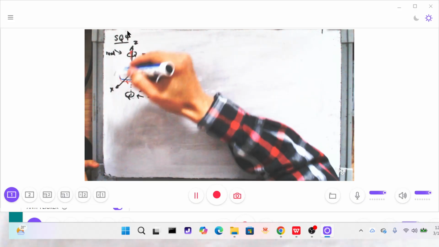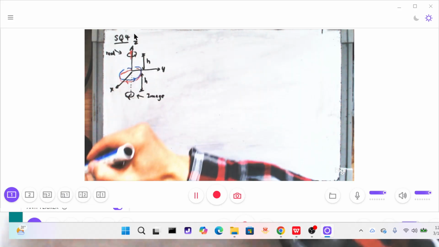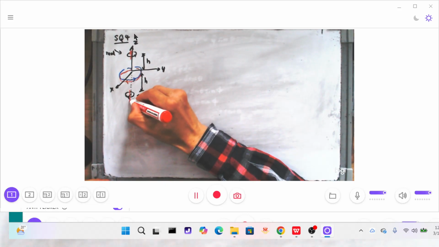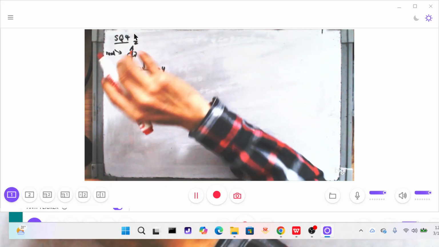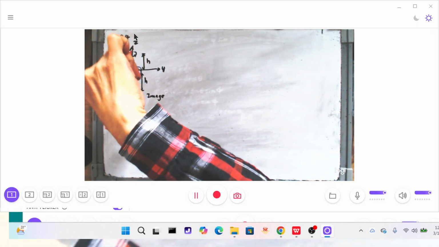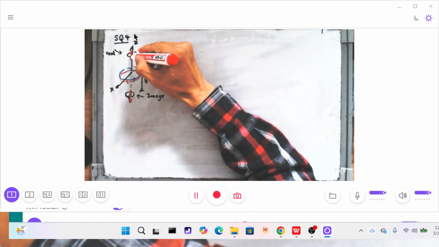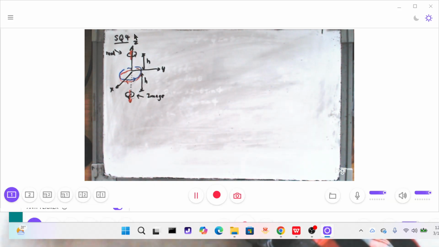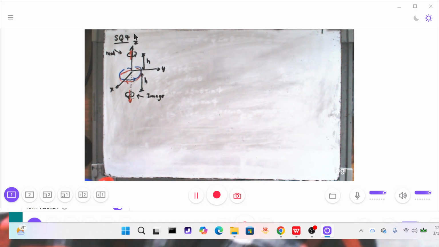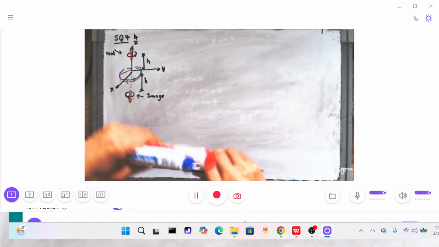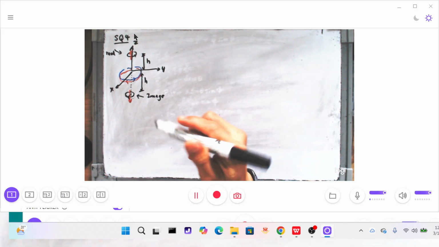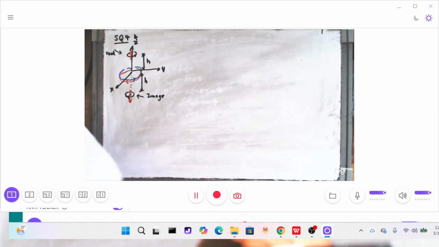If I draw the arrow, this one should be pointing downward using the right hand screw rule, and for this one, it's pointing upward. Okay, so now let's move on. Make sure you don't get the direction wrong.